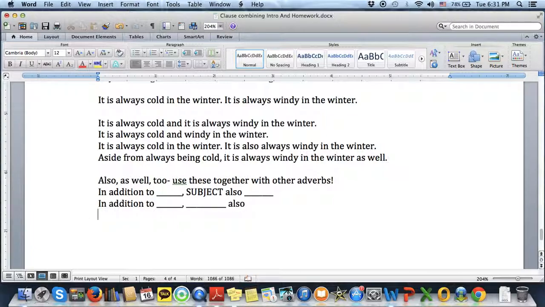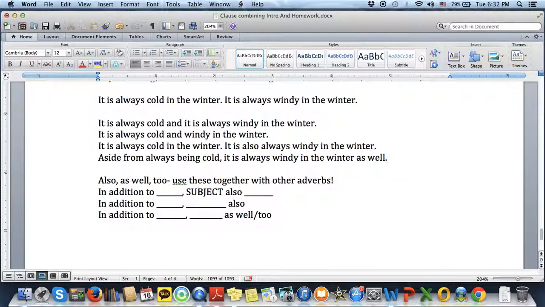And finally, I could do "in addition to blah, blah, blah," then the subject. Do we want to put it anywhere else? Nope. That's the only one that we can do with those. Only two situations there, because we've got an extra adverb right here. Once we have the other two right there, they're only going to work like this: "In addition to blah, blah, blah, blah, blah," then "as well" or "too," just like that.